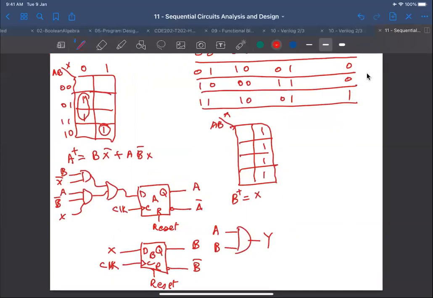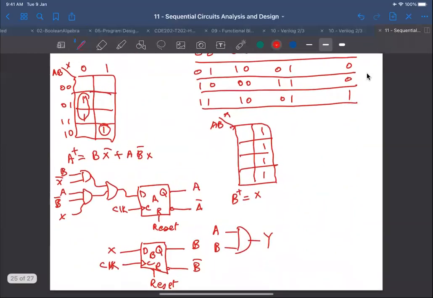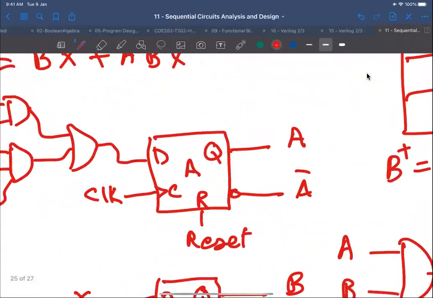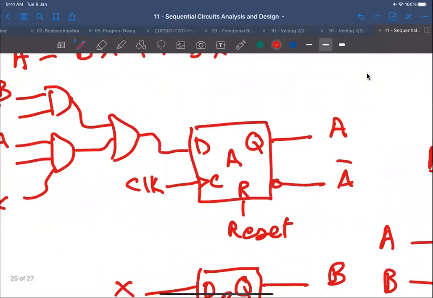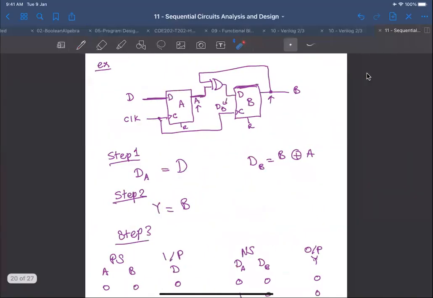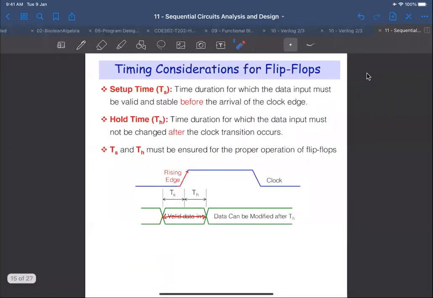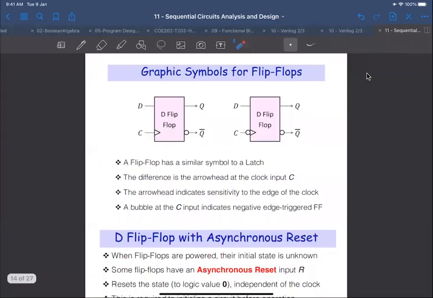Yes, doctor. You mentioned the arrow for the clock. What is it? This triangle here? Yes. This differentiates between a flip-flop and a latch. So this arrow is important here, or a triangle. It's not an arrow. If you go back to the symbol for the flip-flop, there is an arrow here.